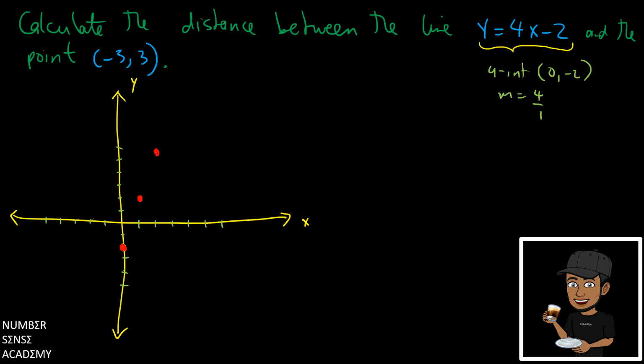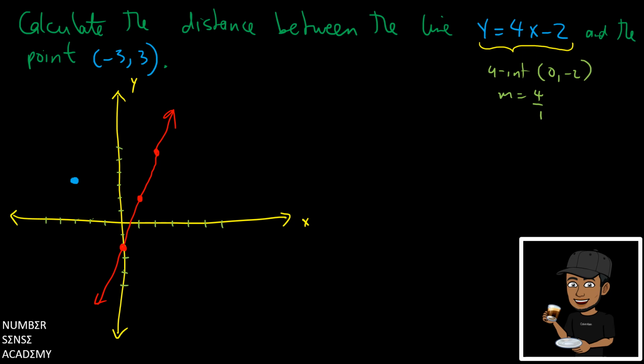So I have, pardon the poor sketching. Okay. And then now we have the point -3, 3. So this is 1, 2, 3, so -3, and then so that's about here. All right.